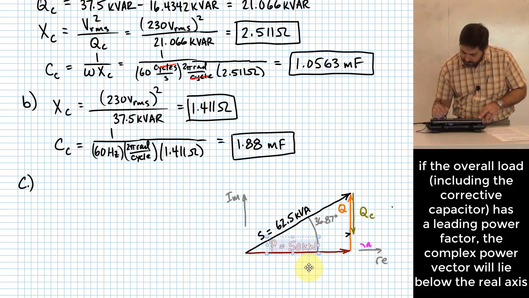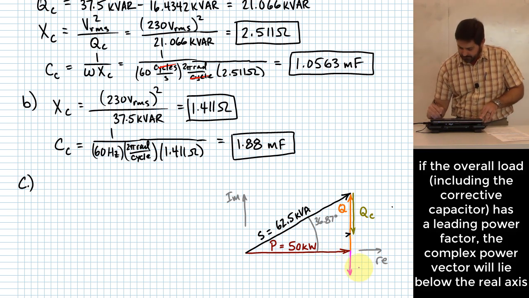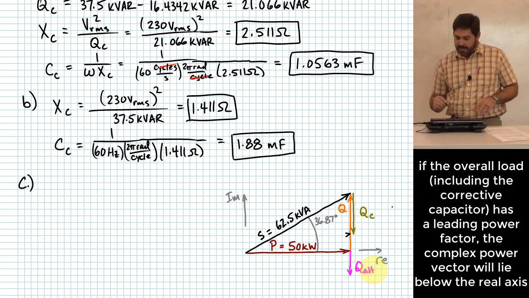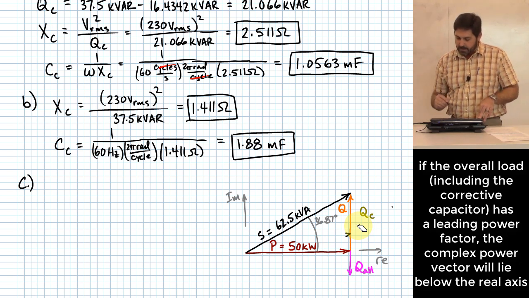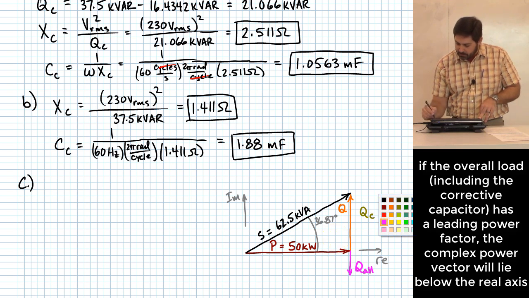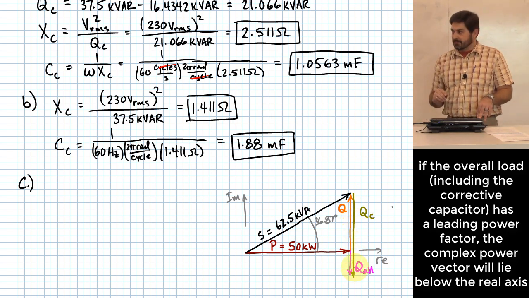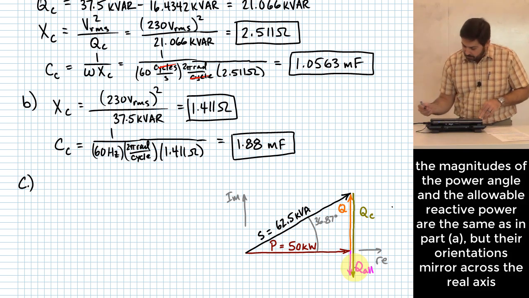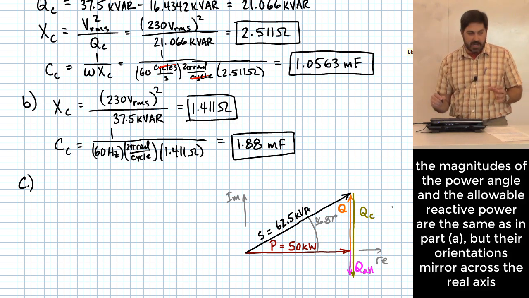In other words, your allowable Q value is now going to be pointing down like this. That is your allowable reactive power. If you want to make sure you don't go any beyond that, then the maximum amount of reactive power change that you can have from what your original was is represented like that. Does that make sense?